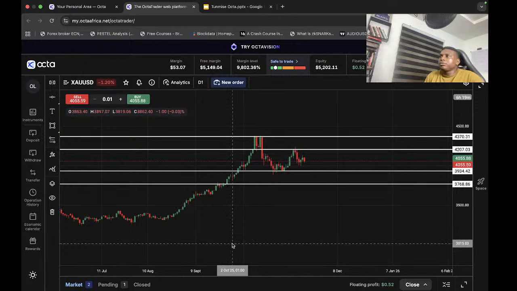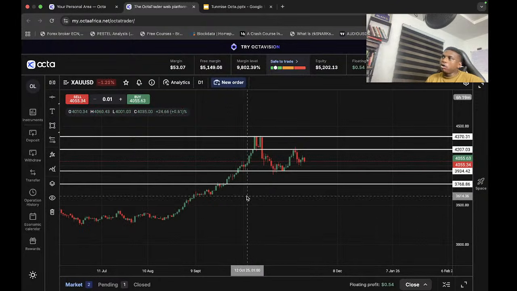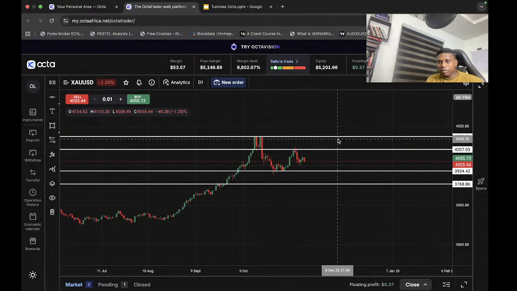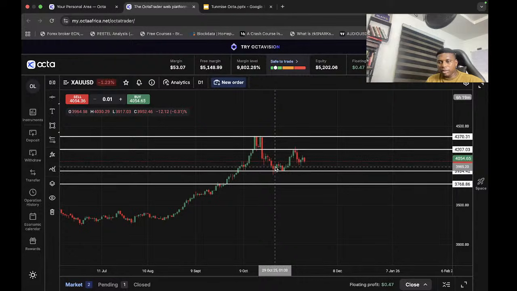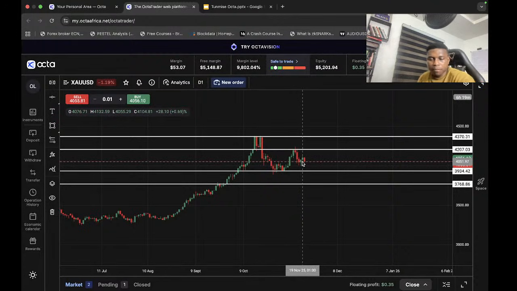Okay, so now we can see what has been happening on the gold market on the daily time frame, and price went to an all-time high of 4,300, and we see price drop to 3,900, and we see price move up to 4,200, like that.